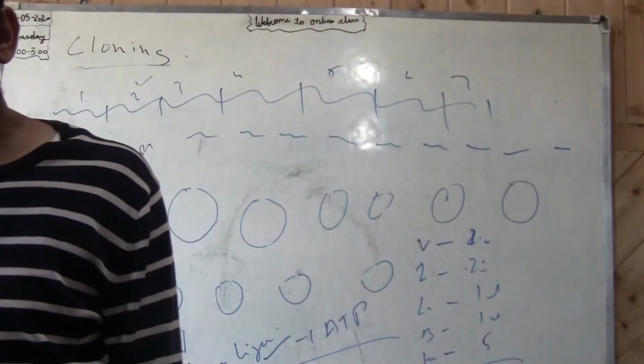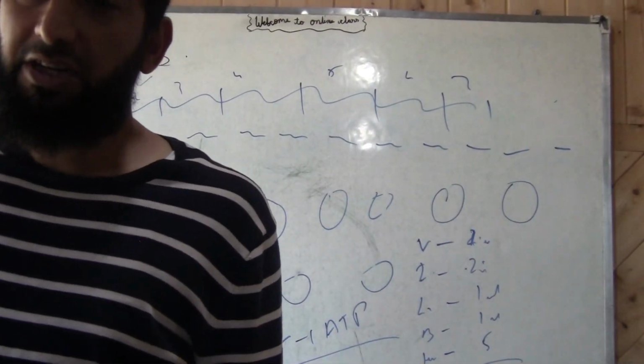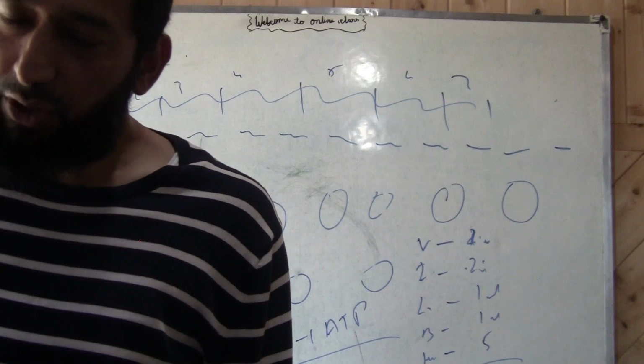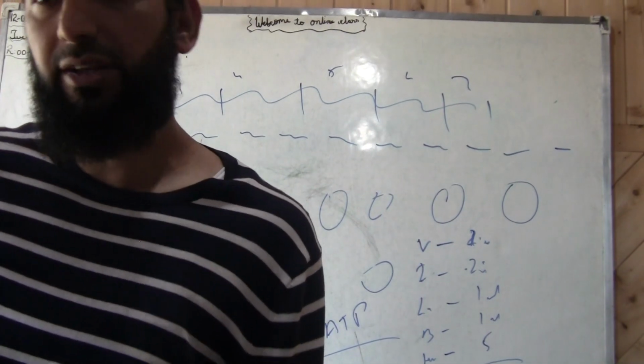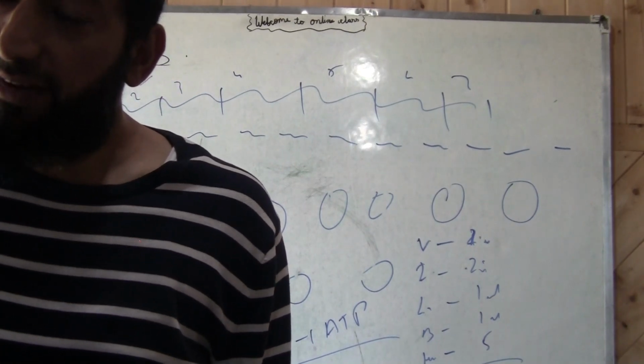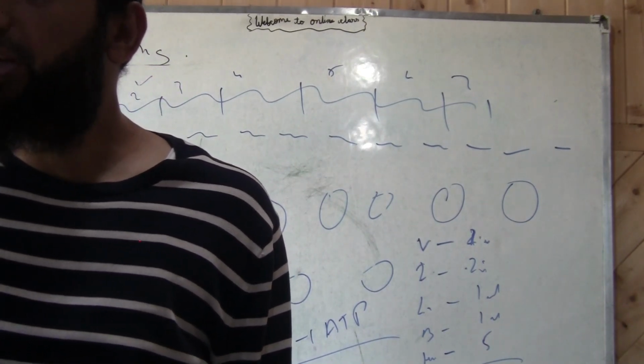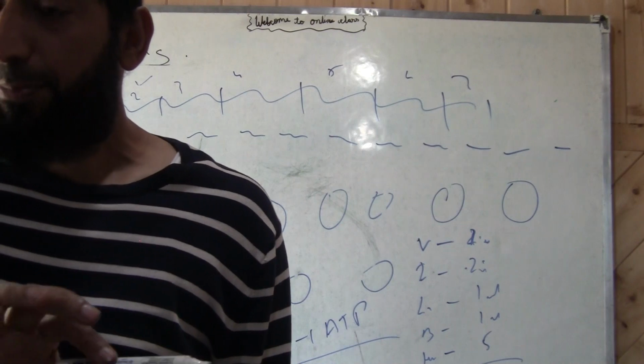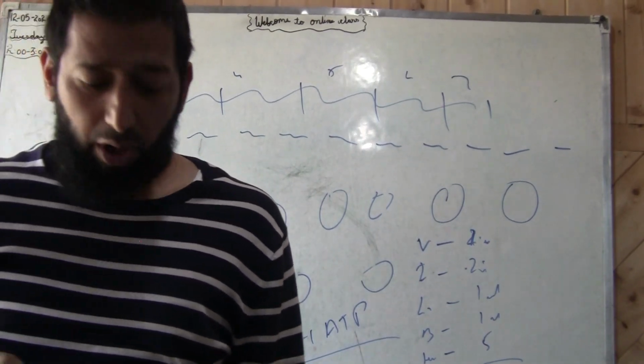The optimal activity of a restriction enzyme is at 37 degrees centigrade, so when you do a restriction digest, you put it in a water bath at 37 degrees centigrade. The optimal activity of ligase is also 37 degrees centigrade, but we do not keep it at 37 because at 37 the kinetic energy of the molecules is high.